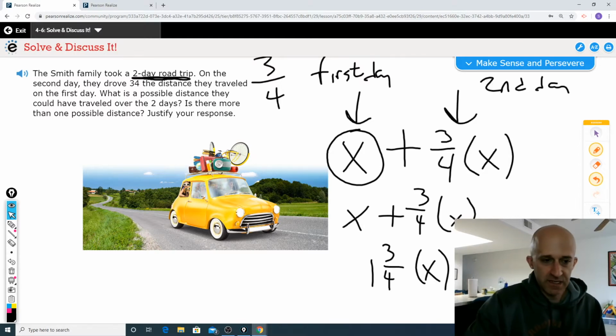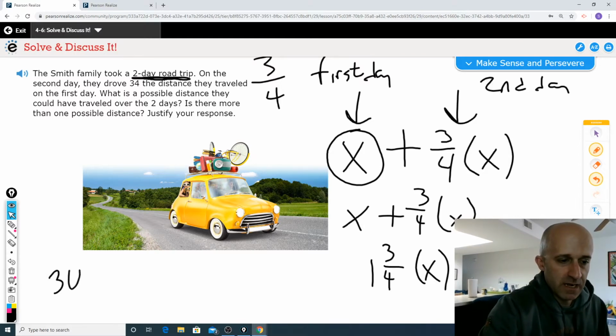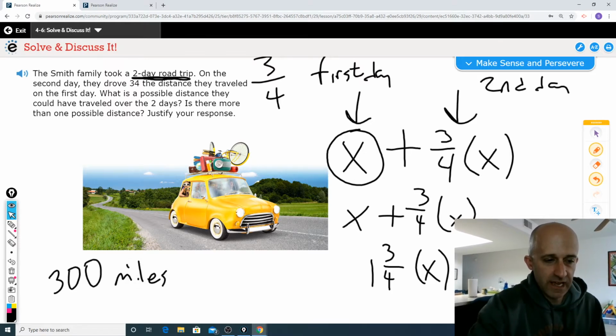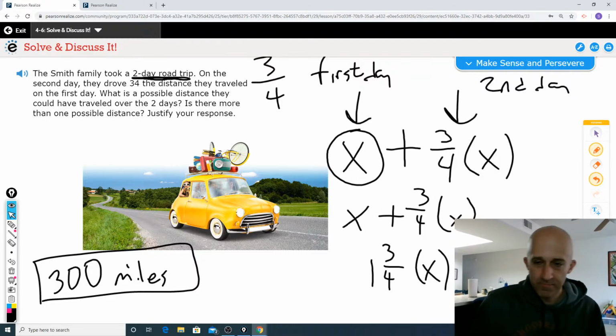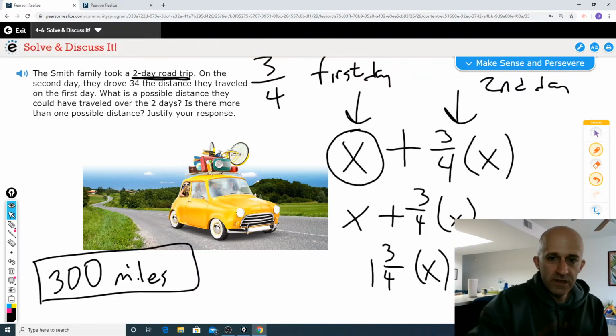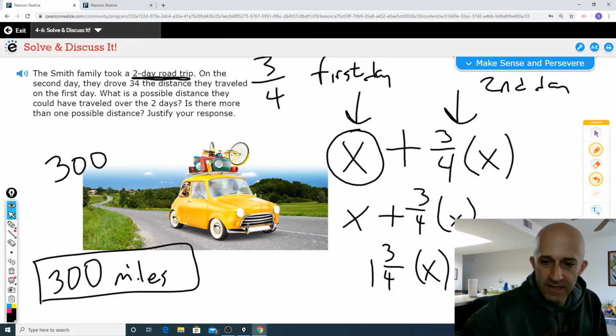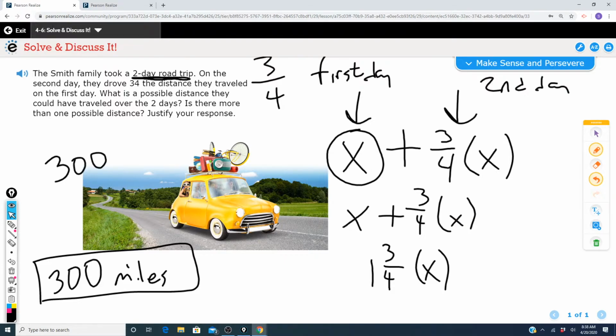Let's say they traveled 300 miles on that first day. If they traveled 300 miles on that first day, we could then substitute that into our little expression here.